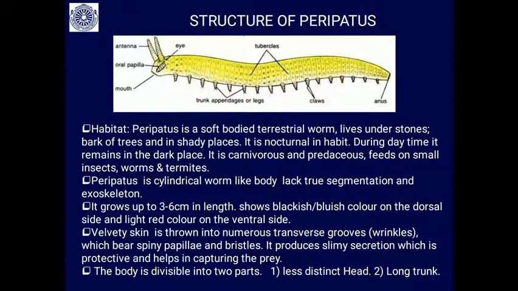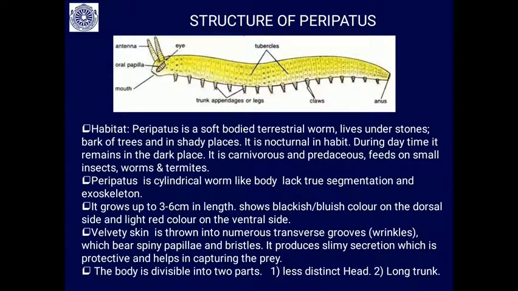Peripatus is a cylindrical worm and lacks true segmentation. It grows about 3 to 6 centimeters in length and has blackish, brownish, reddish, bluish colors; there are about 200 species with different colors. It has a dark color on the dorsal surface and a light color on the ventral surface.